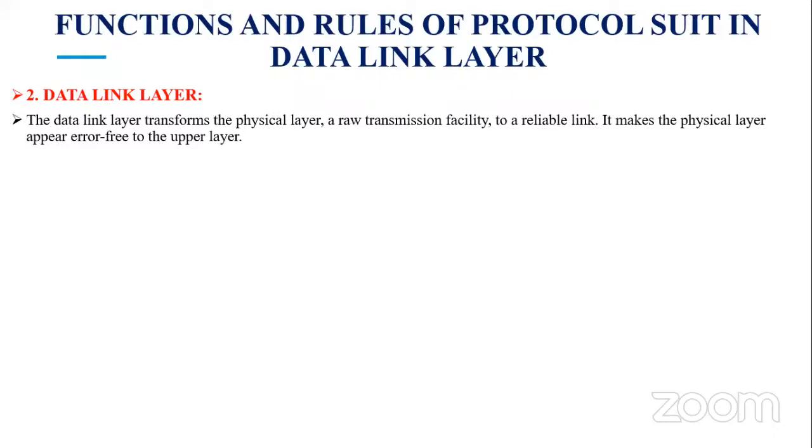From where is the physical layer getting the frame? From the data link layer. What will the data link layer do? It will receive a packet from the network layer, convert it into a frame, and transfer that frame to the physical layer.